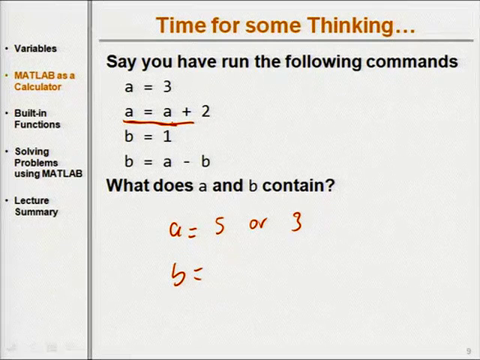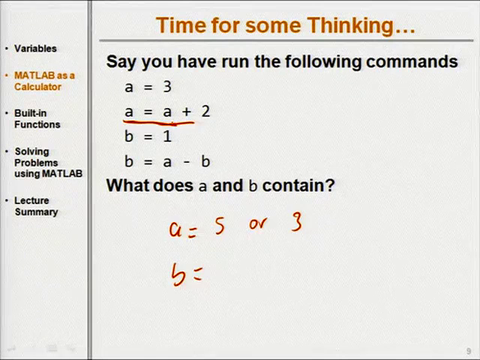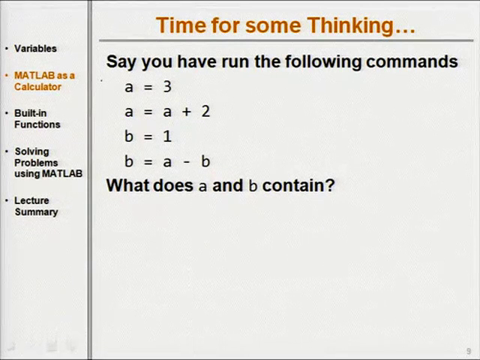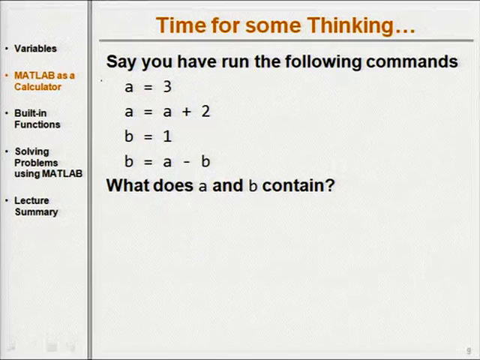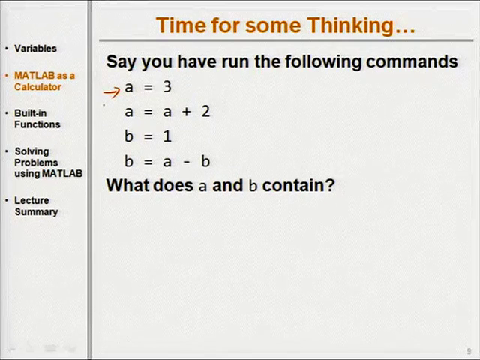So what we've done here is we reassign the same variable. MATLAB works on a line-by-line basis, so it will execute the program one line after the other. The first thing MATLAB does is you've said A equals 3.